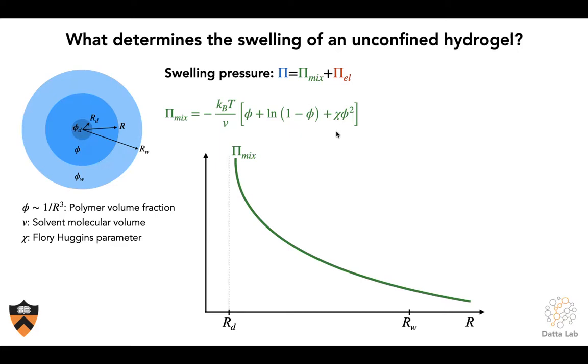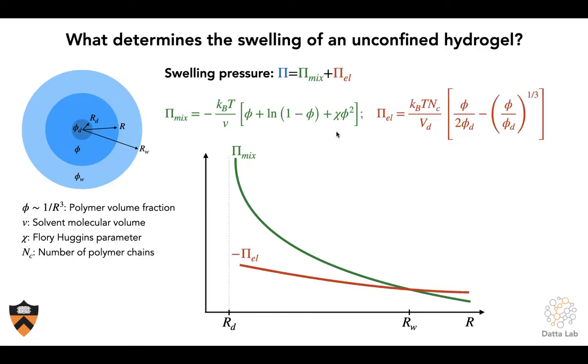And that drive to mix and swell up is balanced by the elasticity of this hydrogel. I told you that as this thing swells up, the polymers pull back and they resist the expansion of this hydrogel. That's also a classic expression in polymer network elasticity, given by the Flory-Rehner expression.